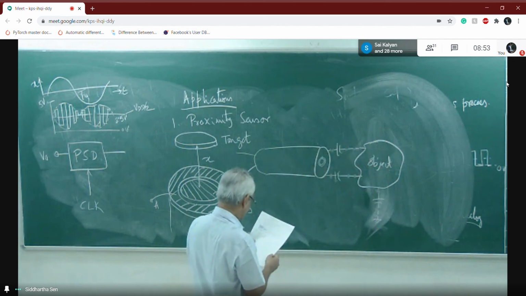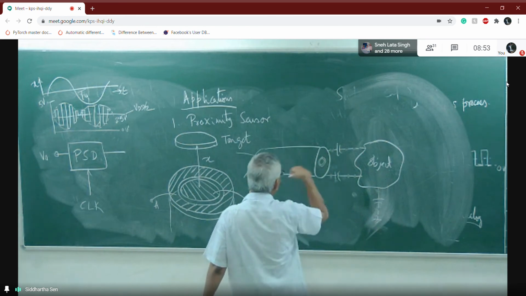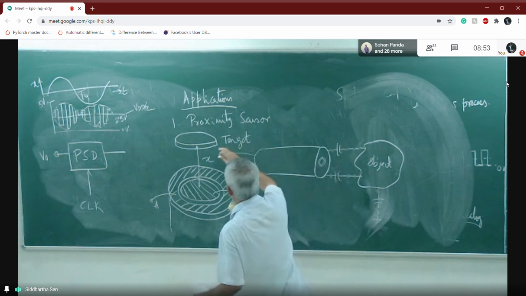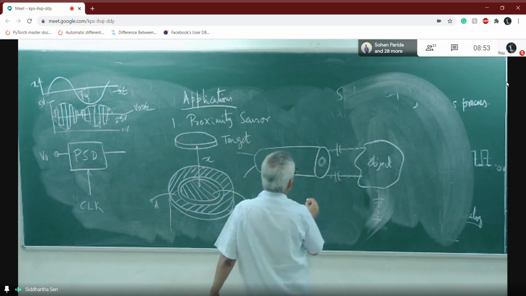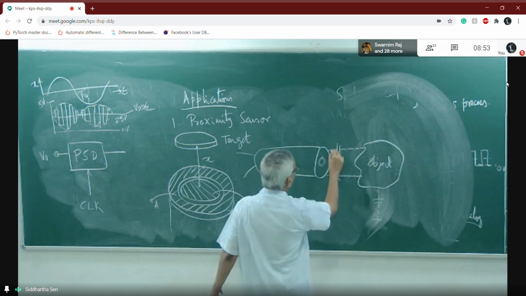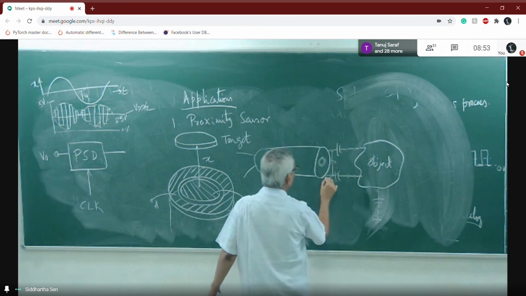And also between this point A and B, there would be a capacitance. This is A and this is B.